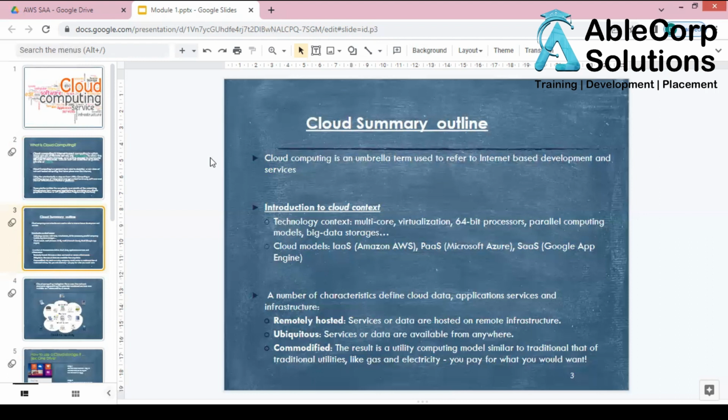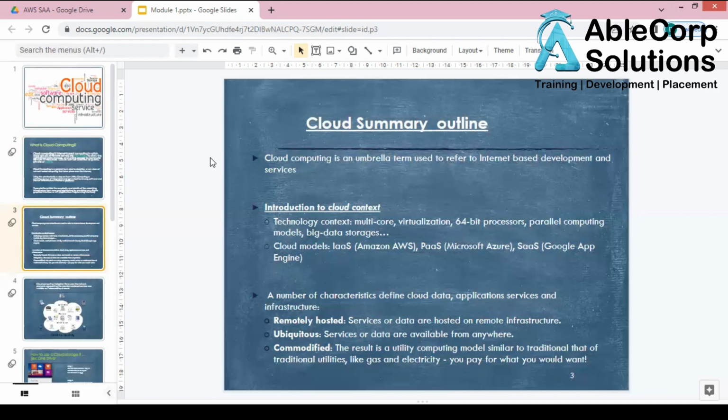The only condition is internet. You need to have internet, right? If you don't have internet, then you cannot do it. That's the only demerit of cloud computing, that internet is required, and that is high-speed net.